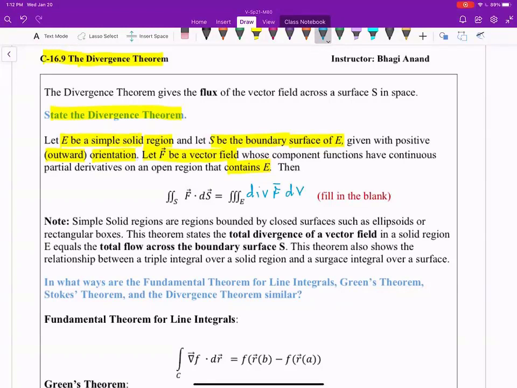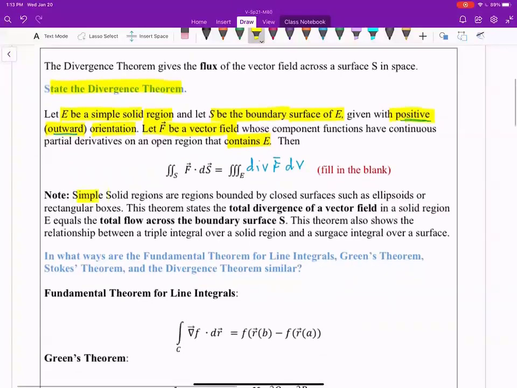Whenever we have a closed surface, we use the words outward and inward orientation. For an orientable surface which is not closed, we use the upward and downward normal. Usually those are the terminologies that we use. So it's positive outward orientation.